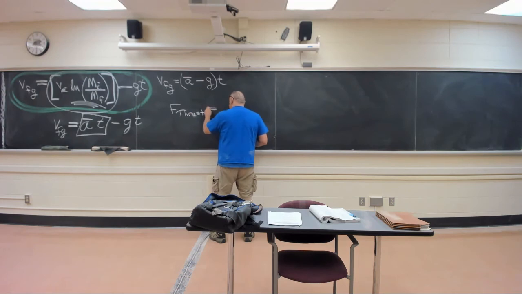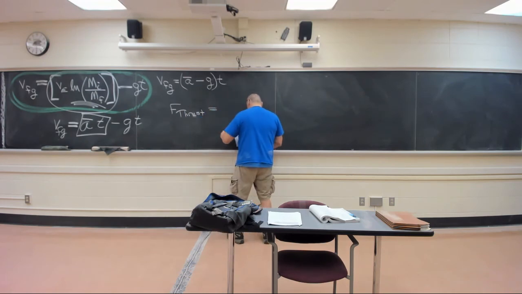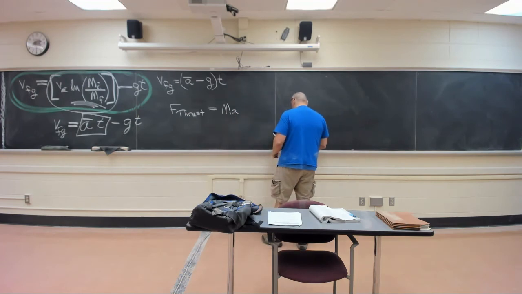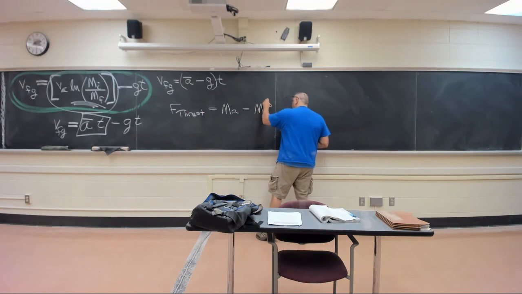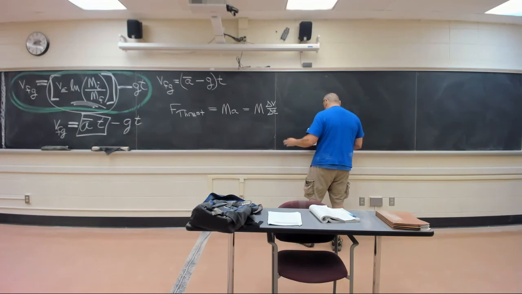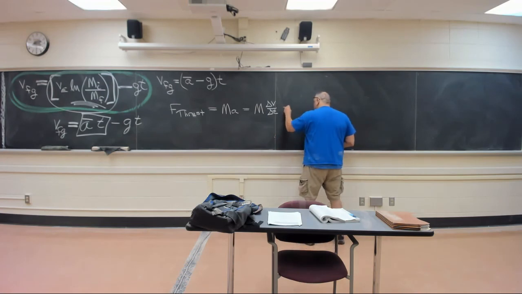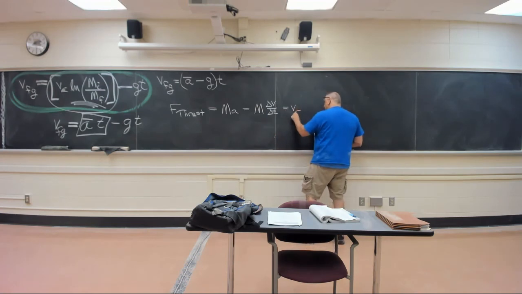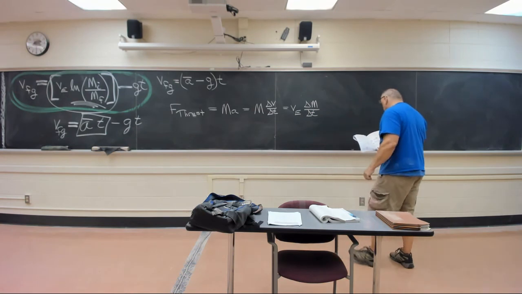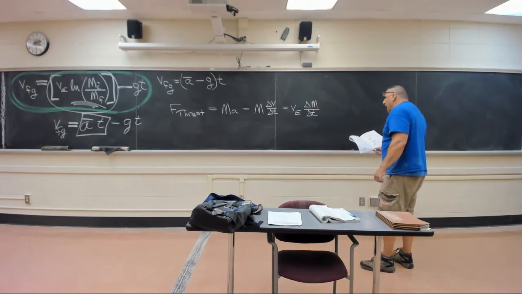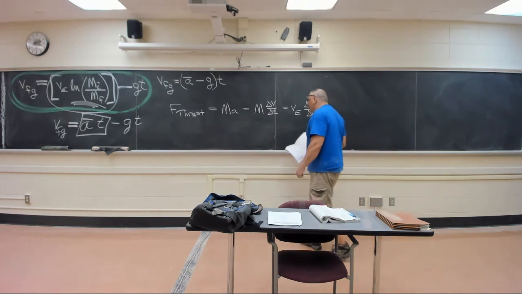The F thrust function is a constant, and it's equal to m times a, which is equal to m delta v over delta t. Yeah, kind of, sort of. This is all changing stuff. The delta m over delta t is this guy right here. This varies.